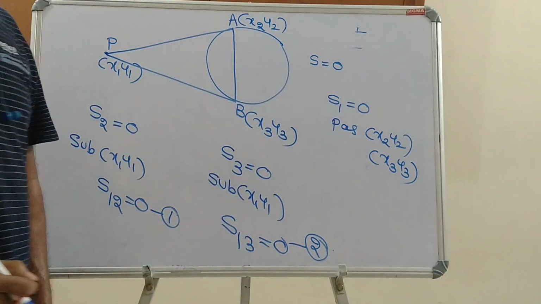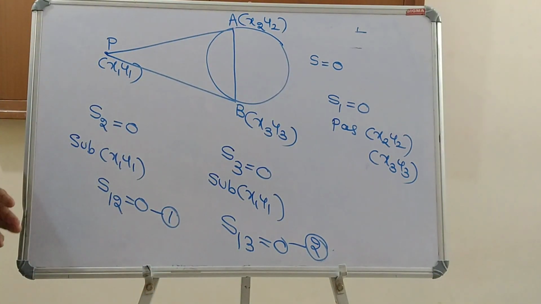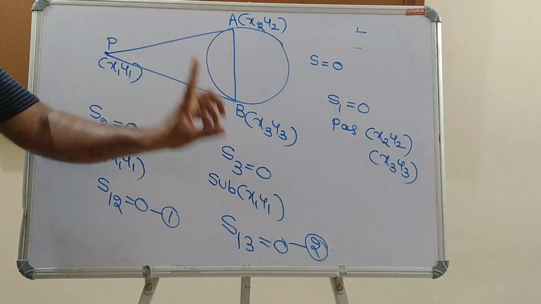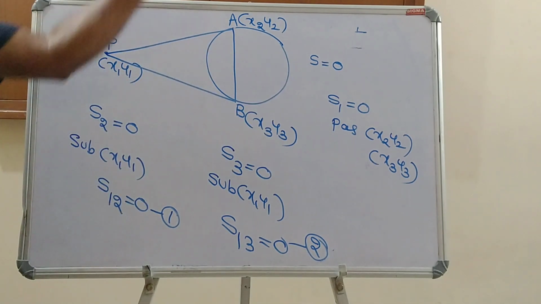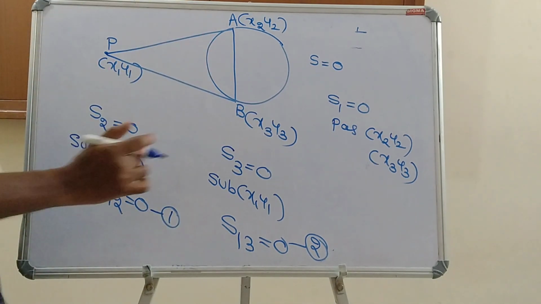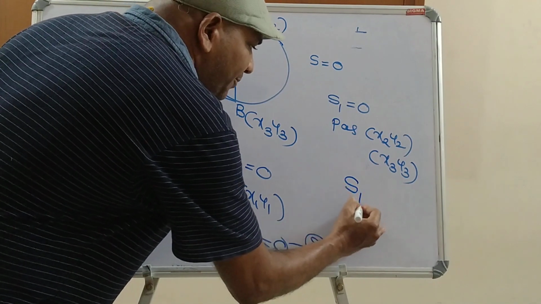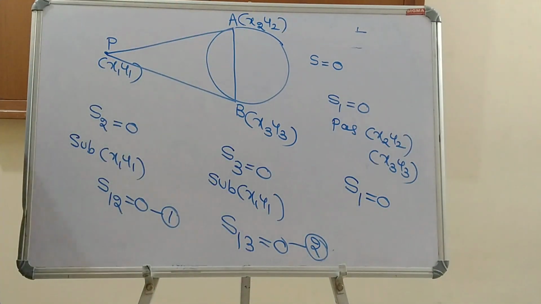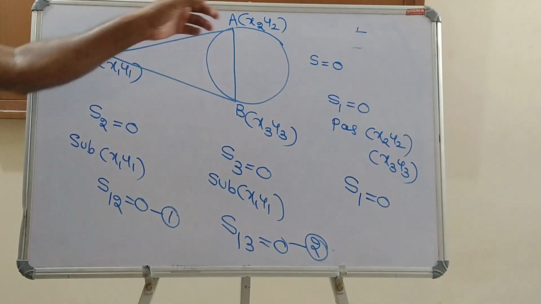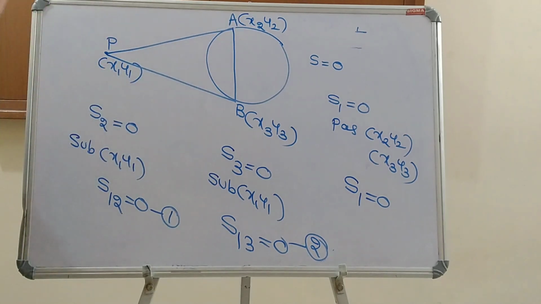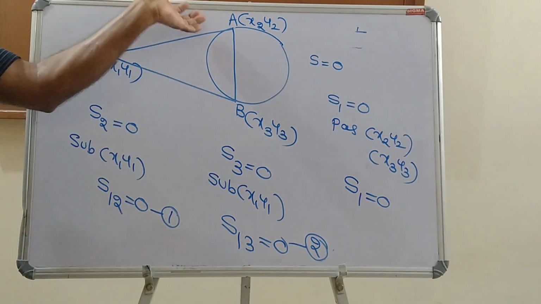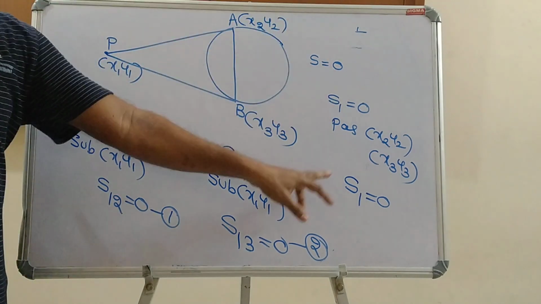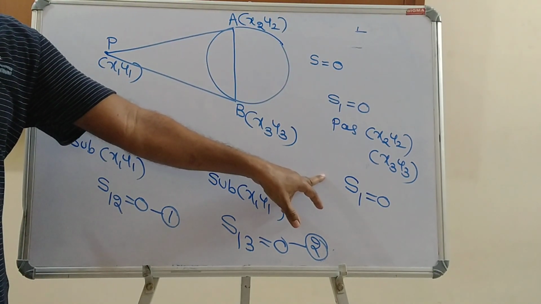That means S1 = 0 satisfies A and B. So, the equation of AB is S1 = 0. Therefore, the chord of contact of tangents drawn from x1, y1 to the circle S = 0 is S1 = 0.